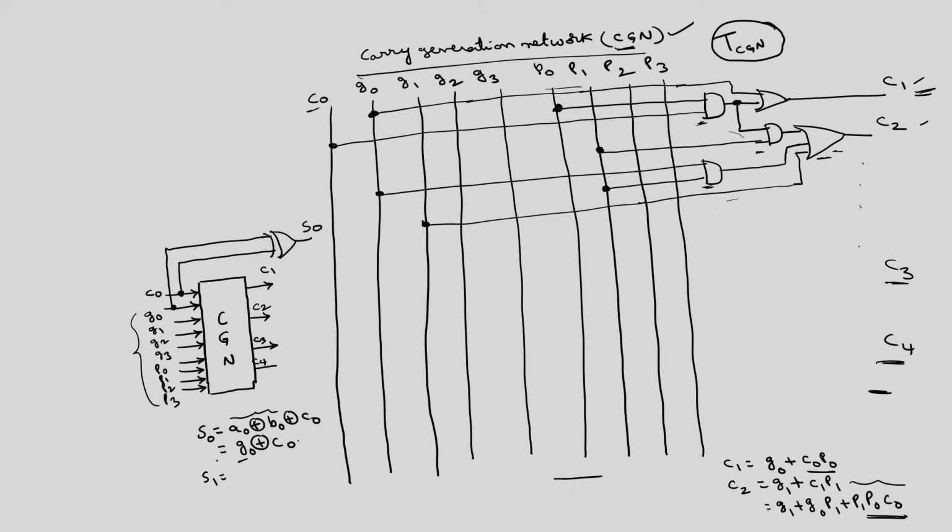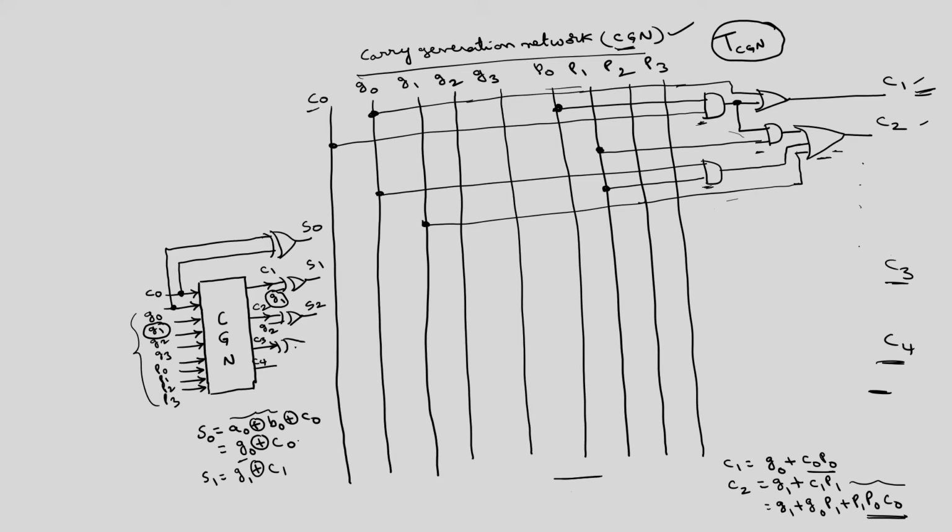Similarly, S1 is G1 exclusive OR with C1. So, C1 is here. So, you exclusive OR this with this G1. This G1 is nothing but this G1. Okay. I have not shown the connection. This will give S1. Similarly, C2 if you exclusive OR with G2, you will get S2.